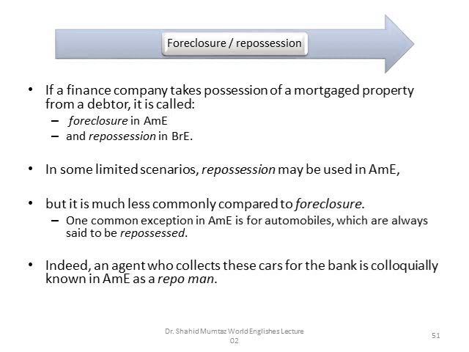Indeed, the agent, the person who collects these cars for the bank, is colloquially known in American English as a repo man, or repossessor man. So in America, this agent is called repo man.